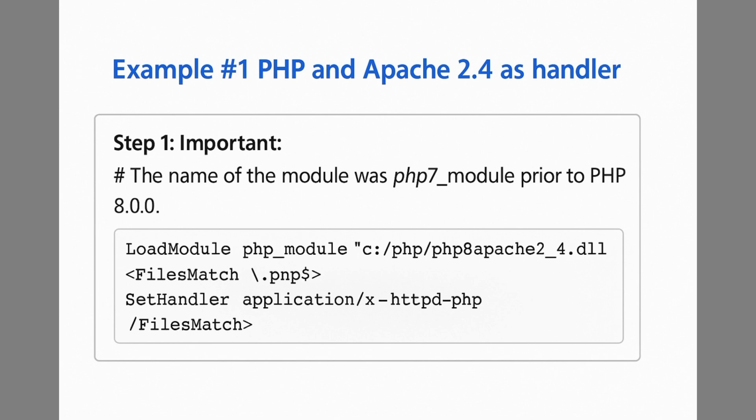The second section, SetHandler application/x-httpd-php, defines how Apache should handle any files that end with the .php extension. The SetHandler directive tells Apache to pass all .php files to the PHP interpreter so they are processed as PHP scripts instead of being shown as plain text in the browser.